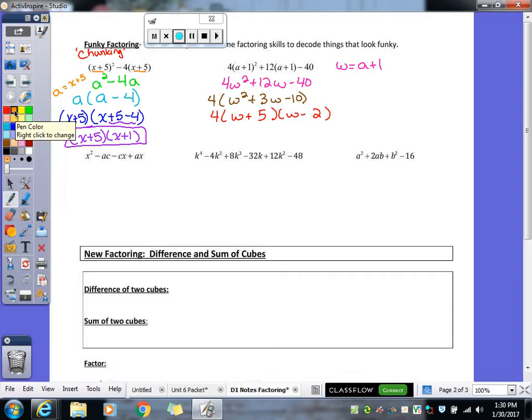We need to go back and plug in our A plus 1. So this would be A plus 1 plus 5, and A plus 1 minus 2. And then just combine your numbers. So we have 4 times A plus 6 times A minus 1.